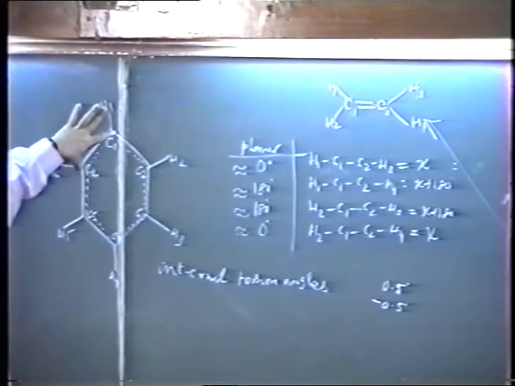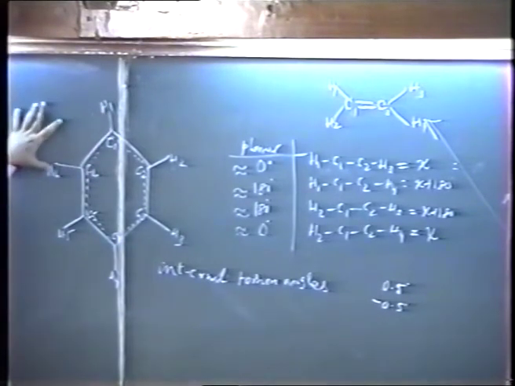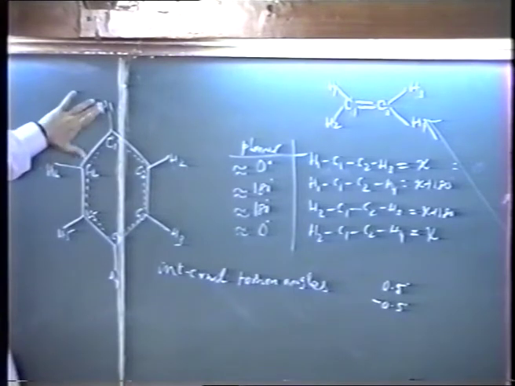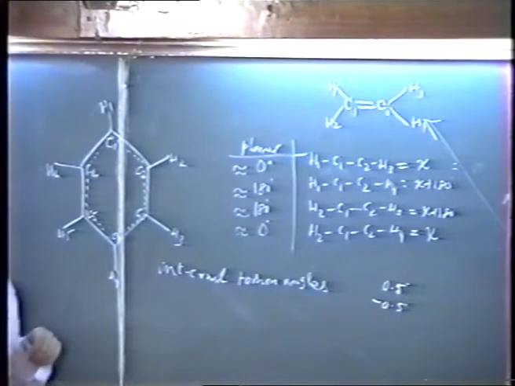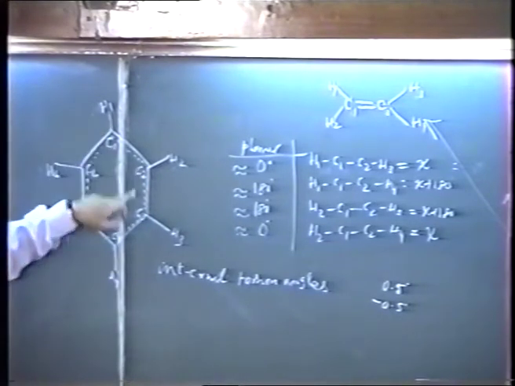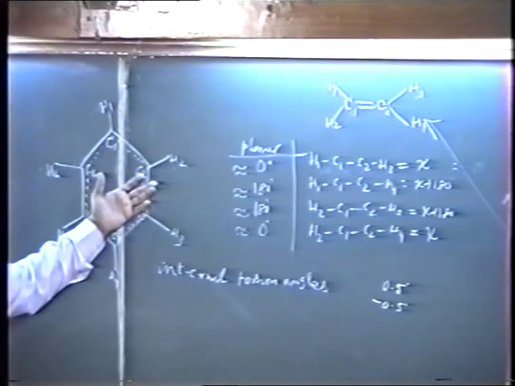So for any CC bond, if you have an H here and an H here and try to find H1, C1, C6, H6, that will also be 0. On the other hand, if you take H1, C1, C2, C3, that will be 180 degrees.